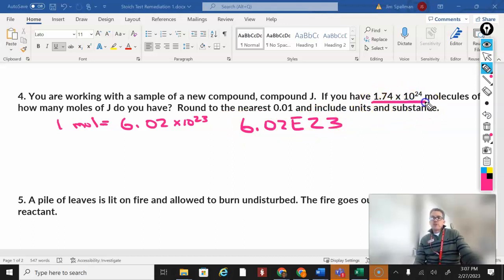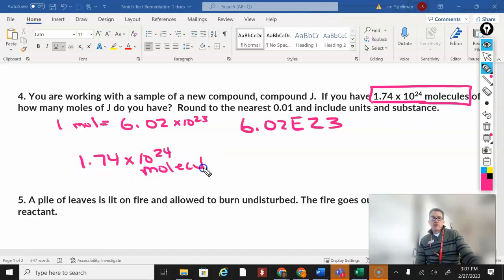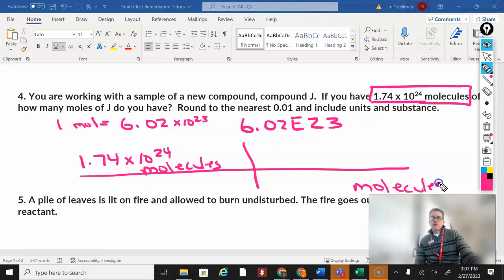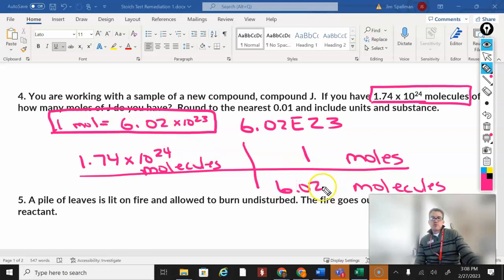The relationship here is, again, this is what I'm starting with of how many molecules. So I have 1.74 times 10 to the 24th. And again, it's helpful to write things out, molecules. We're going to cancel out our molecules and turn the molecules into moles. So again, here's our relationship that goes into that fraction, because 1 mole is 6.02 times 10 to the 23rd. So in our calculator, we need to do 1.74 times 10 to the 24th.